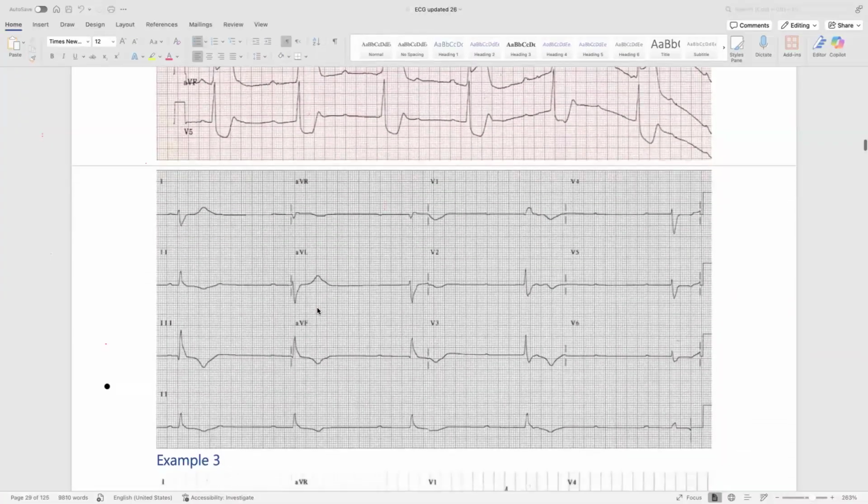Now, this one. What is the biggest abnormality here? The first thing you see is bradycardia. Severe bradycardia. 1, 2, 3, 4, 5, 6, 7, 8, 9, 10, 11. This is less than 20 or 30. Is there any matching? Go to lead 2, the lower one.